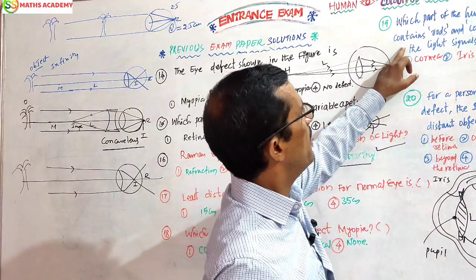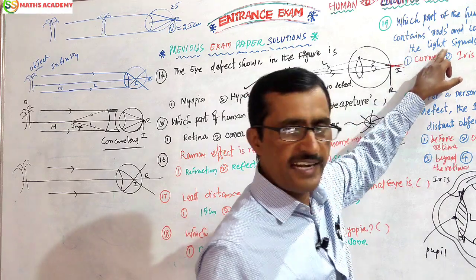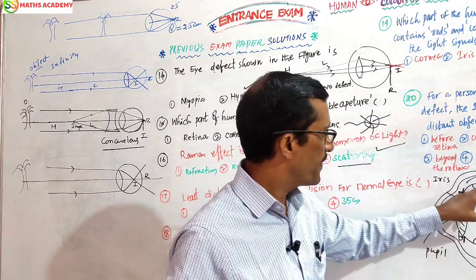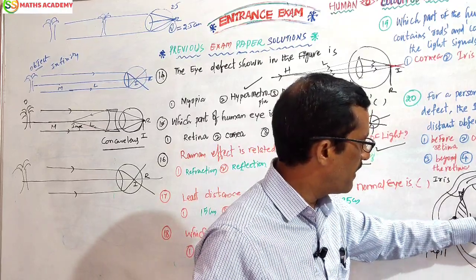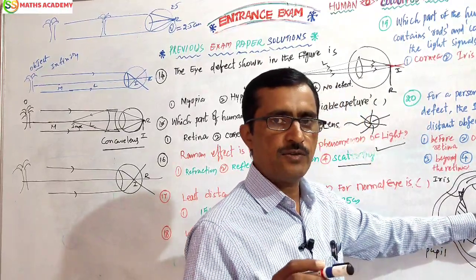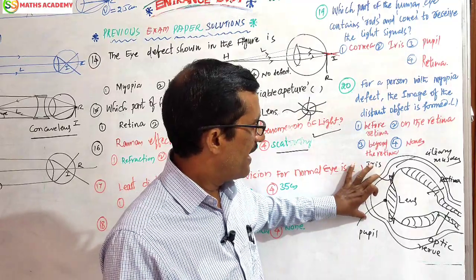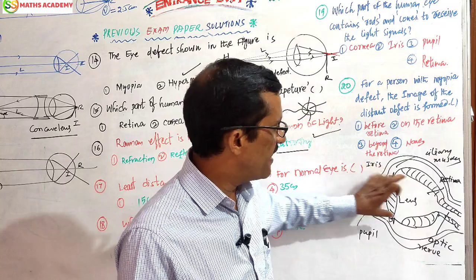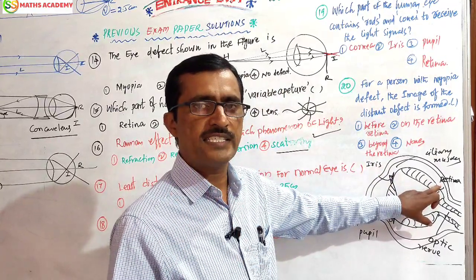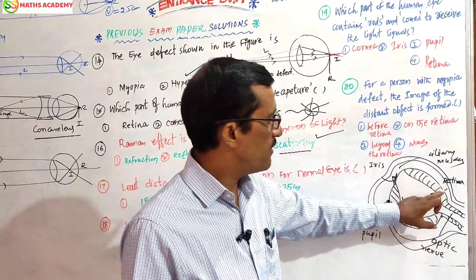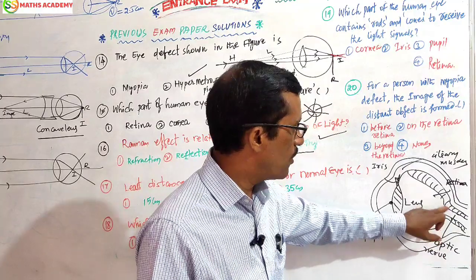Next, which part of the human eye contains rods and cones to receive light signals? You see children, this is a diagram of the human eye. This is called the retina. The retina acts as the screen in a camera. When light signals are incident on the retina, it mainly consists of two kinds of cells: first the rods, second the cones.